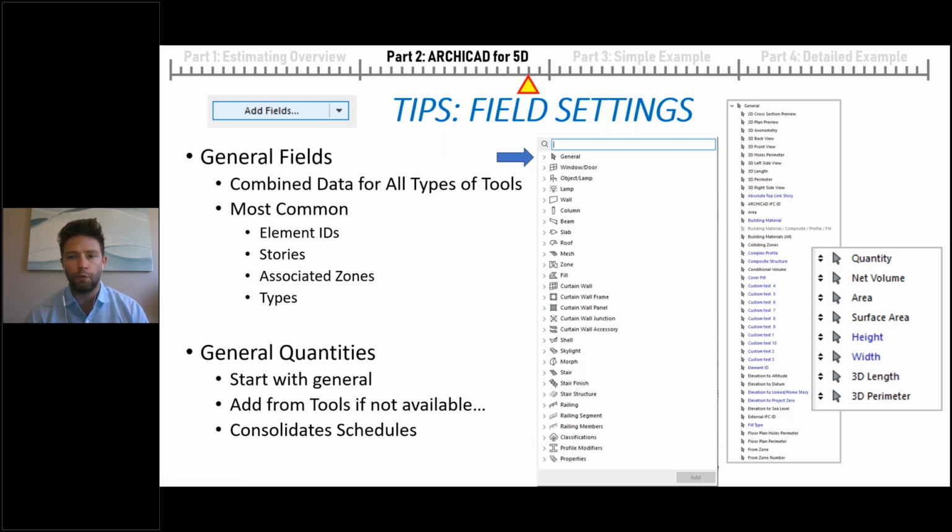And I always start here when I'm listing the different types of quantity takeoffs, because generally these parameters will apply no matter if you're drawing with a column or a slab or a roof or an object. You can extract information by using these general settings. And this ultimately helps consolidate down our schedule so we don't have to list all the wall takeoffs, all the column takeoffs, all the beam takeoffs.